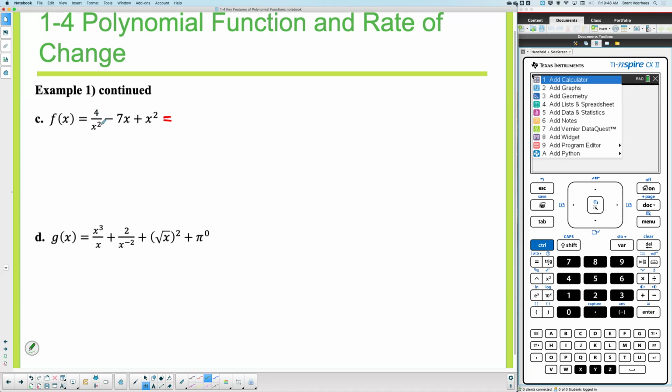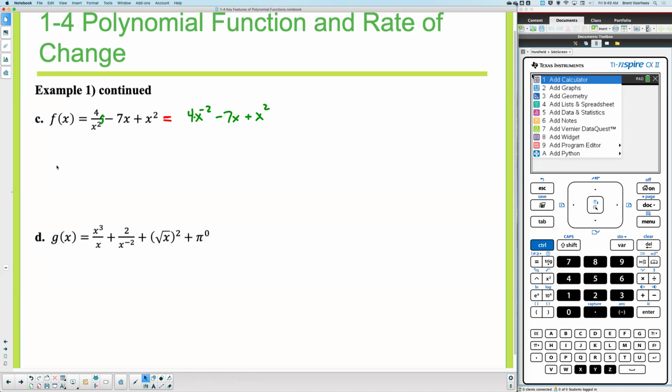If you wanted to send this up to the numerator, a rule of mathematics is you could rewrite this as 4x to the negative 2 power minus 7x plus x squared. These two things are one and the same. Dividing by an x squared is the same thing as multiplying by x to the negative 2 power. I'm saying it again. Dividing by x squared is the same thing as multiplying by x to the negative power. That's what a negative power is.